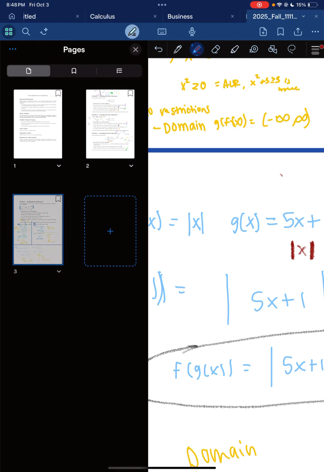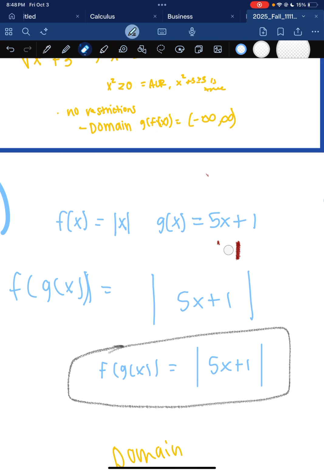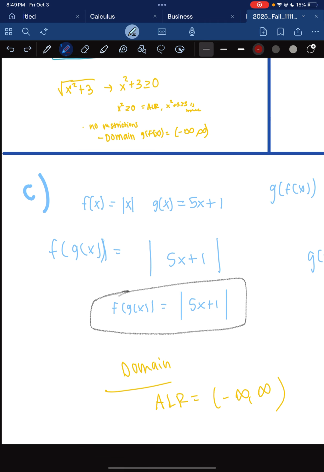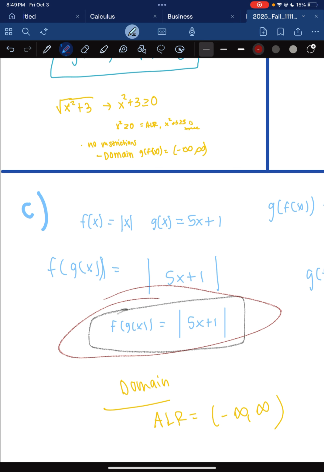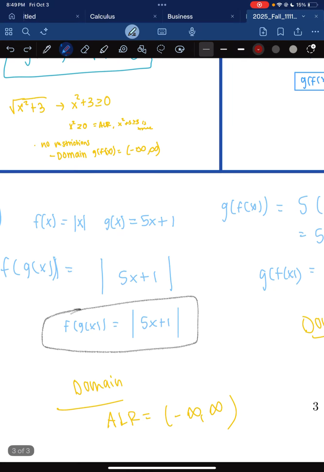So the easiest way to do that is obviously absolute value of 5x plus 1, because we plug that in. And we can't really simplify it from there. So this is our final answer. And we know that it is all real numbers, negative infinity to positive infinity, because of absolute value.